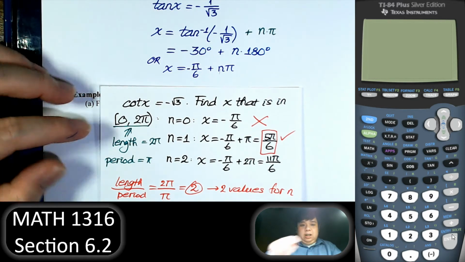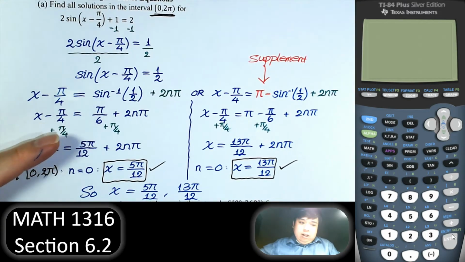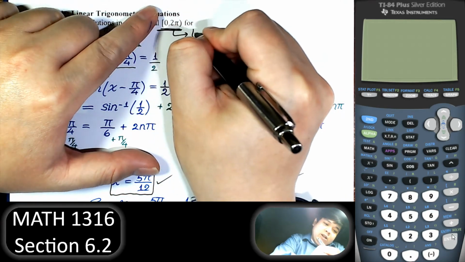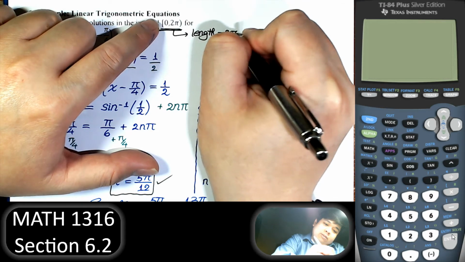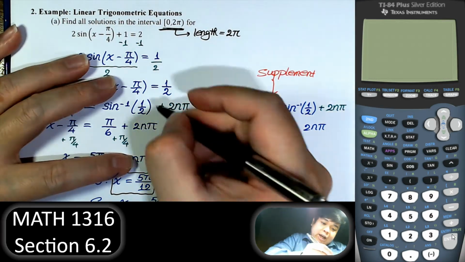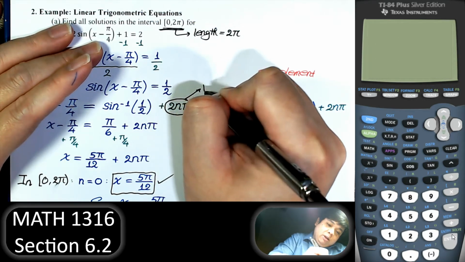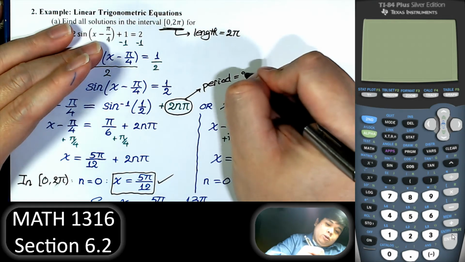Right. Now let's go back to the previous example. In here we have the solution between 0 and 2 pi. The length from 0 to 2 pi is 2 pi. In our problem, we have plus 2n pi. Therefore, the period is also 2 pi.